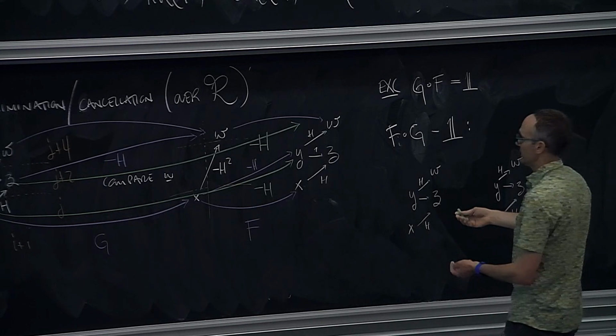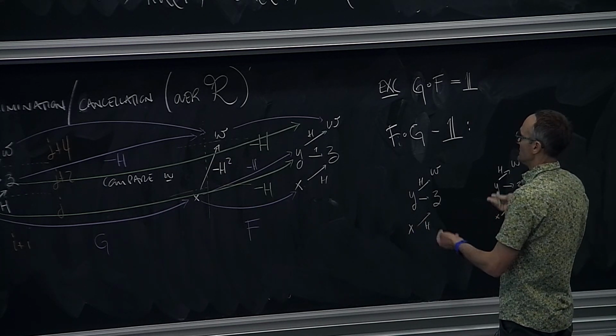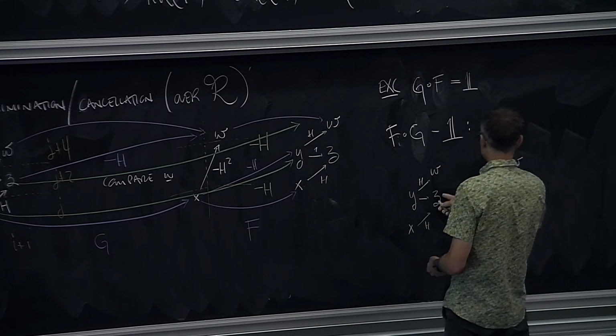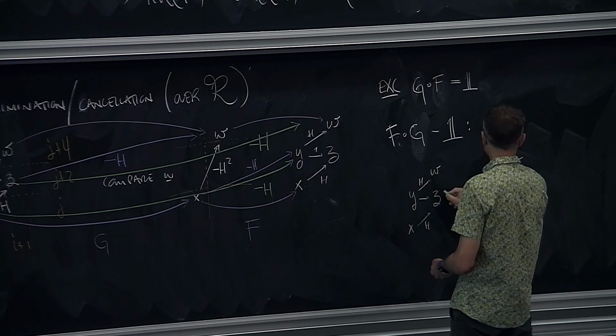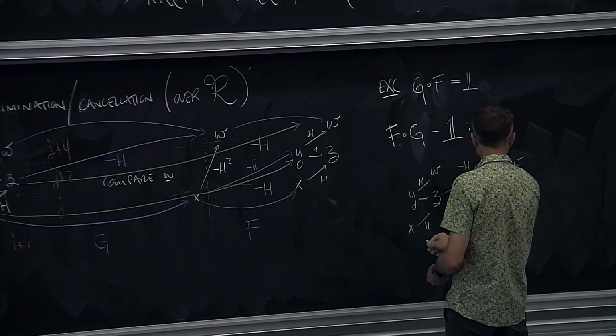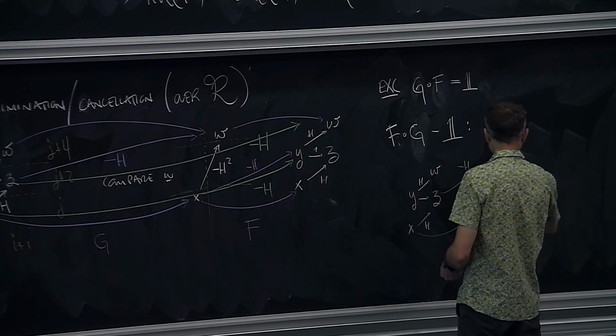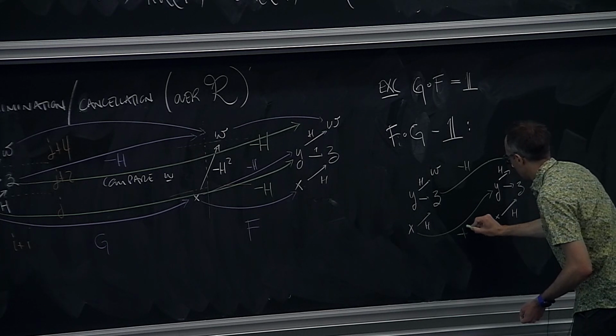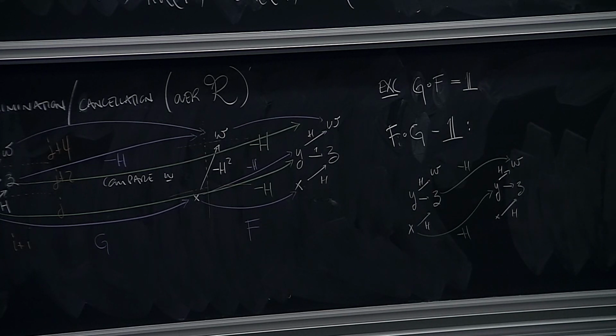I'm keeping it from being the identity. Minus h's. So that's z and minus h. Okay, so this is something we want to get rid of by a homotopy. And so that should be a backwards arrow.